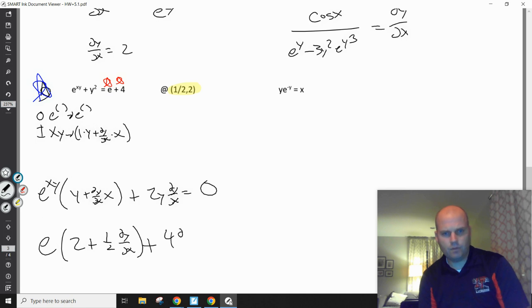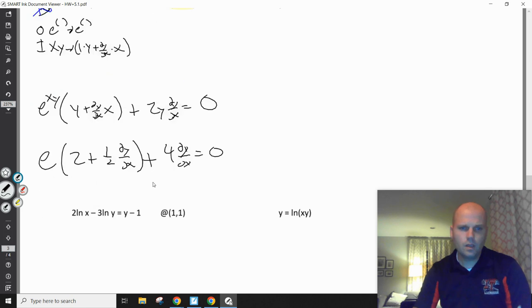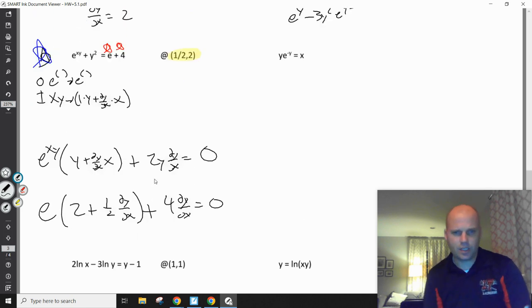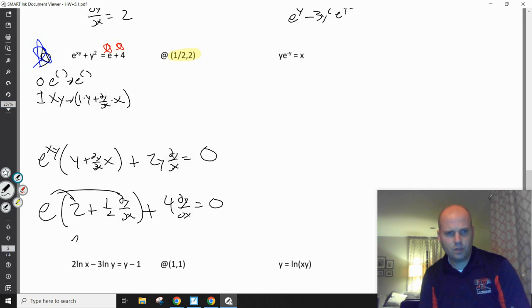I get 4 dy dx. And it's still a little tricky, but we can combine these after distributing. And this would be like the same thing you did if you didn't.